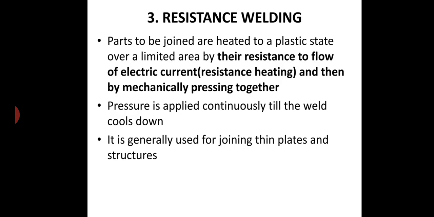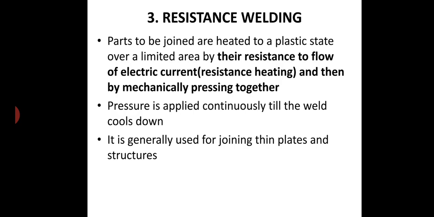So as your heat generated is more, the joint area where you require the joining, the gap between the two workpiece materials, will be heated up and brought to the plastic state, and pressure can be applied continuously till the weld cools down.